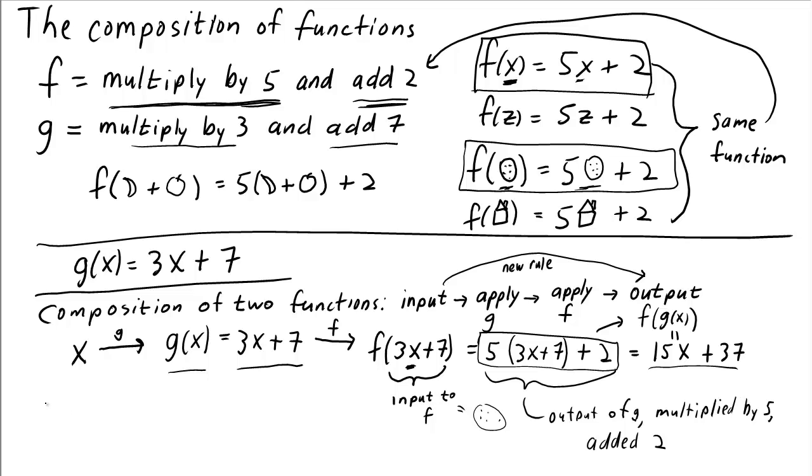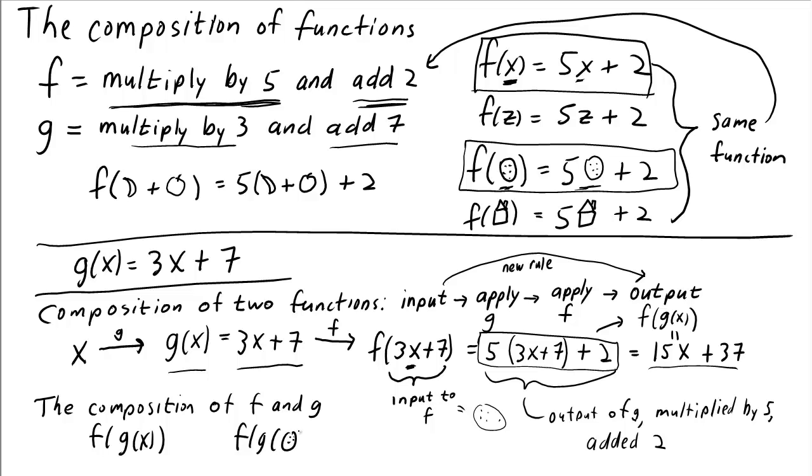The composition of f with g is this function, f of g of x. Or should I write it f of g of potato? Of course, it doesn't matter what variable we use for the input.